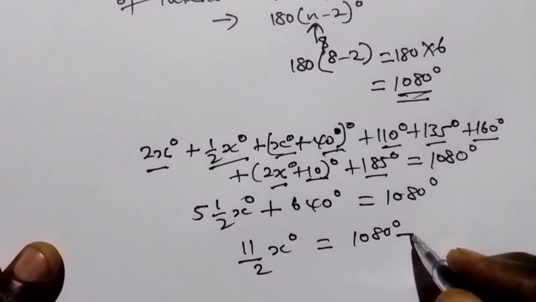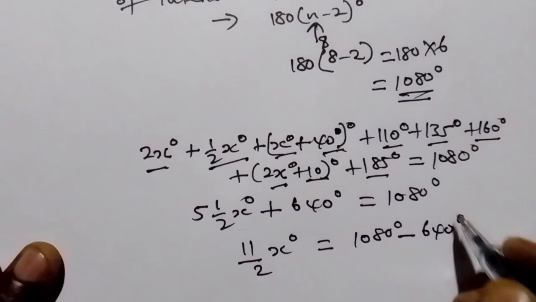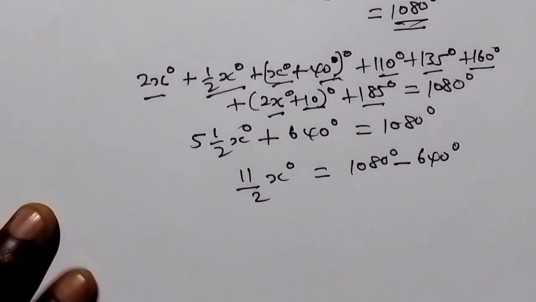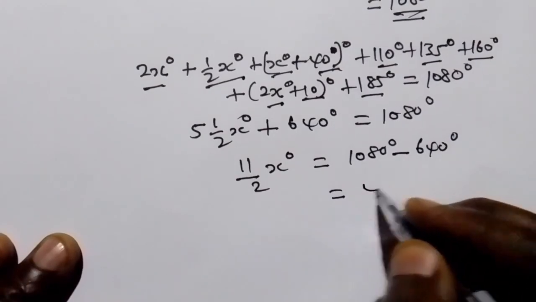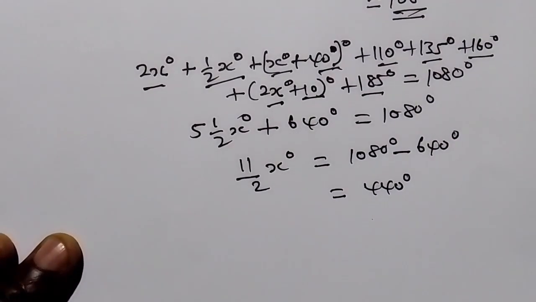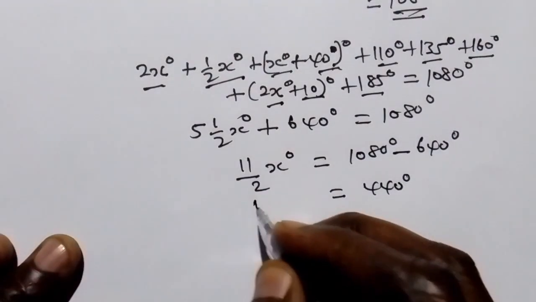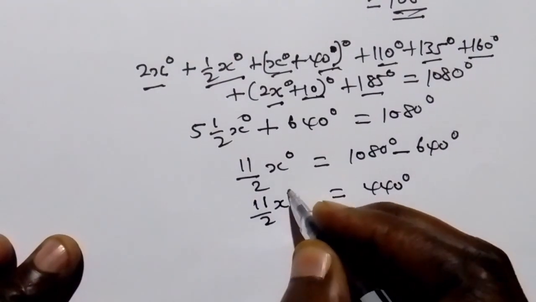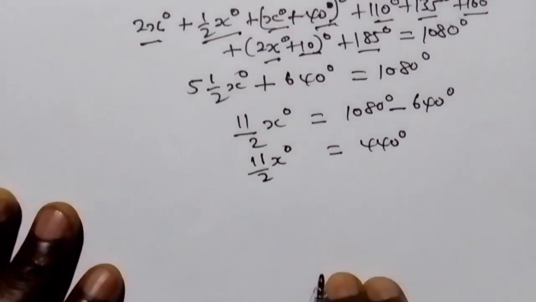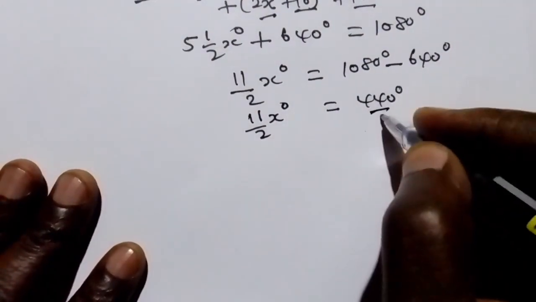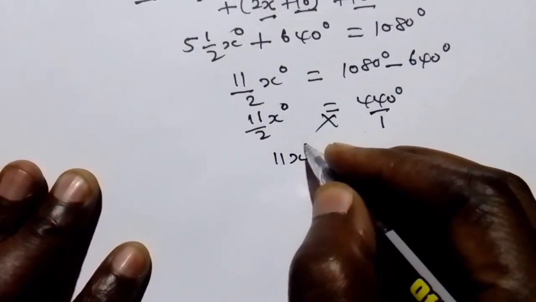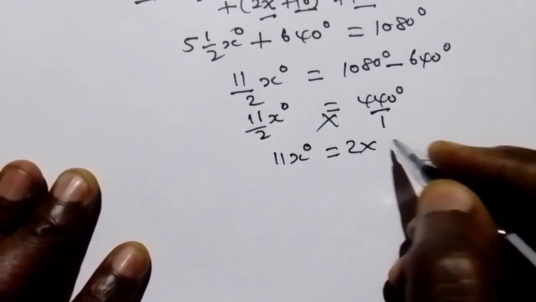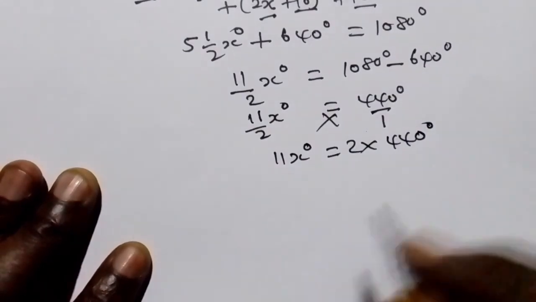It becomes negative 640 degrees, which gives 440 degrees. 11 over 2 x degrees is equal to 440 degrees. We can cross multiply. 11x degrees is equal to 2 times 440 degrees.